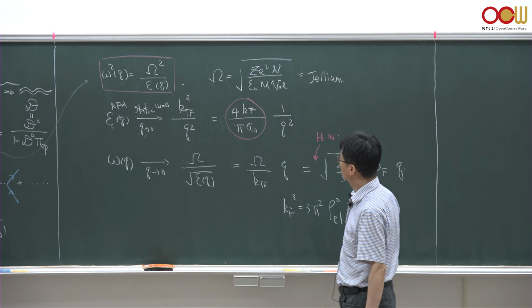So now we could simply plug in this static and long wavelength limit of epsilon RPA into the renormalized phonon frequency in the same limit, which is given by this capital omega divided by the square root of the epsilon.